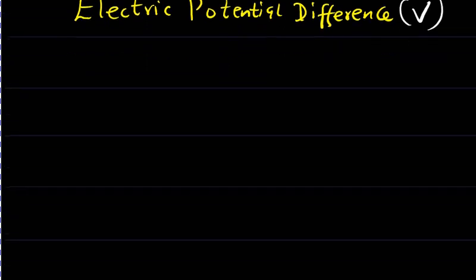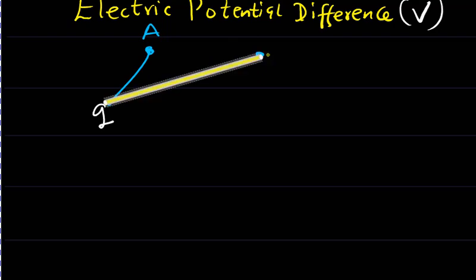As the name implies, this is just a difference in electric potential between 2 points in an electric field. There's a charge that will measure the electric potential at point A, then we also measure the potential of the same charge at point B.